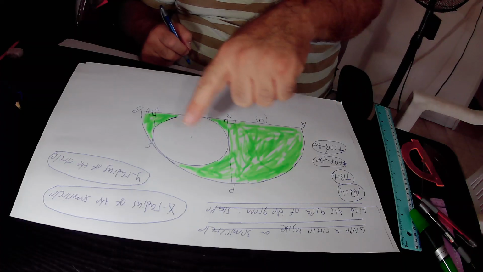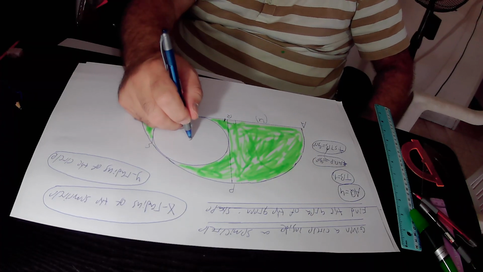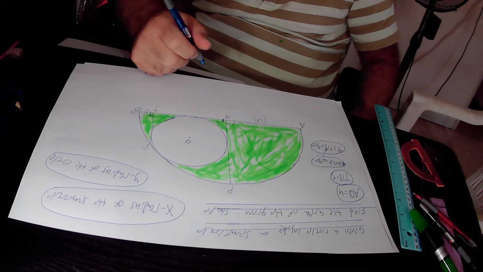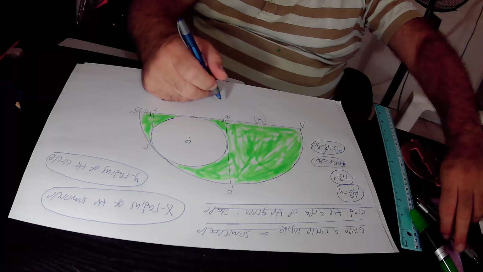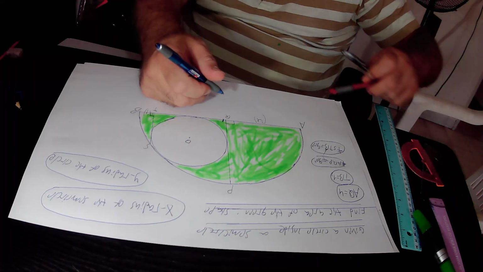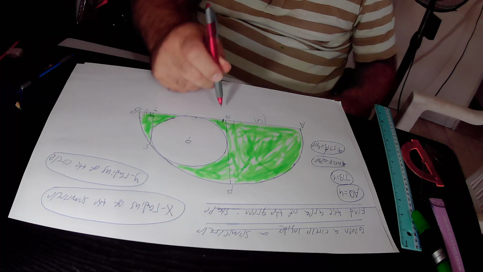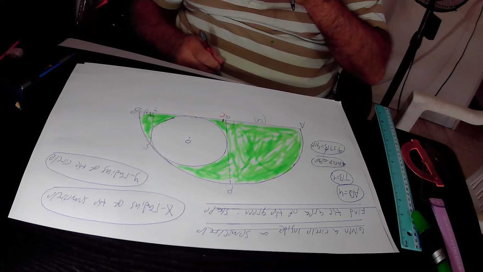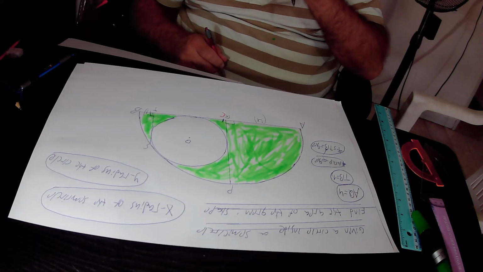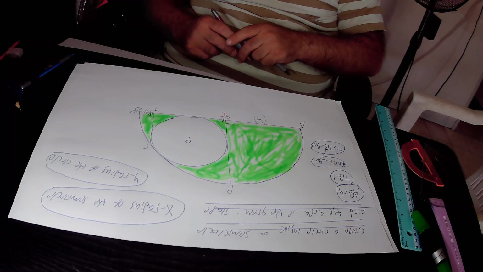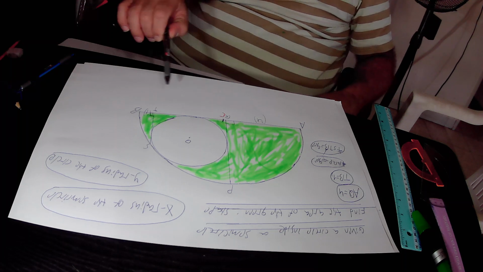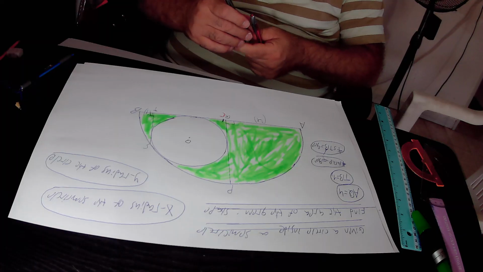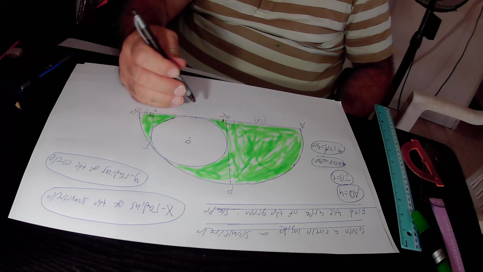We define the center of this small circle, this point is point O, and we define the center of this semicircle, this point is point C. We define the point of tangency of tangent AB with this small circle. This point is point N.